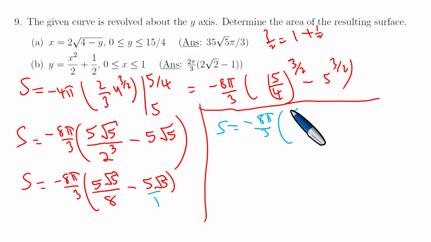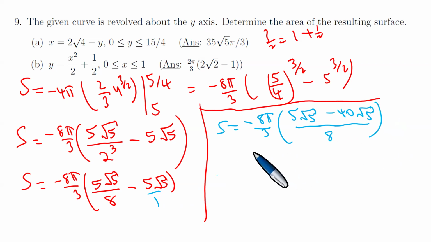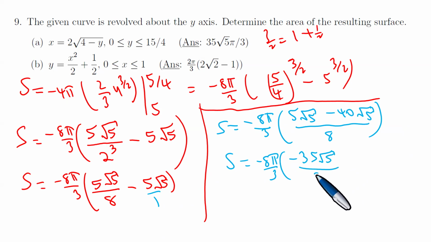So you'd have the 5 the square root of 5, and then 8 by 5, 40, minus 40 the square root of 5. Okay, 5 minus 40 is minus 35. Minus 35 the square root of 5 out of 8.